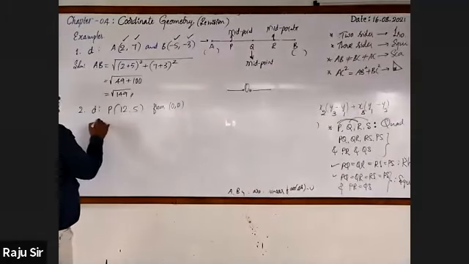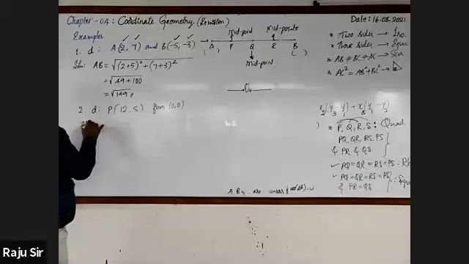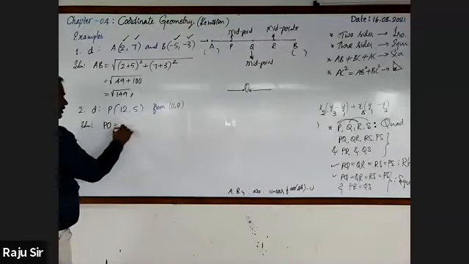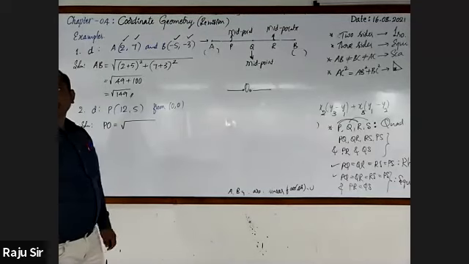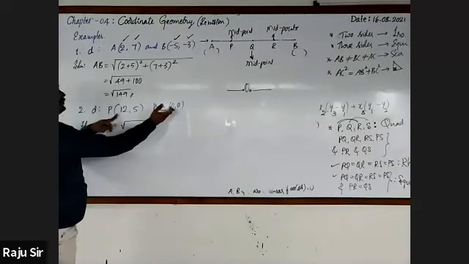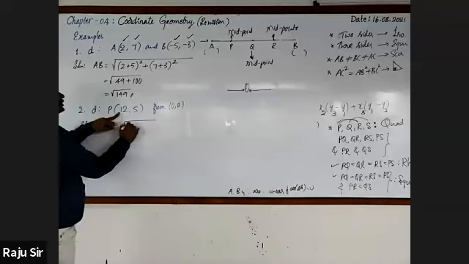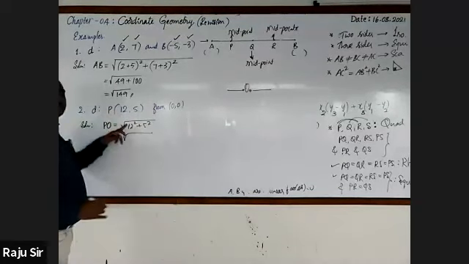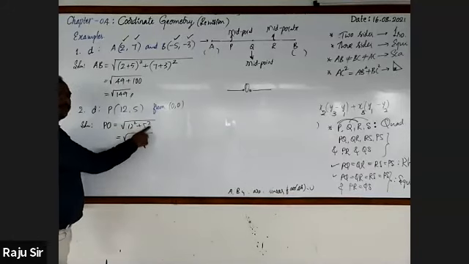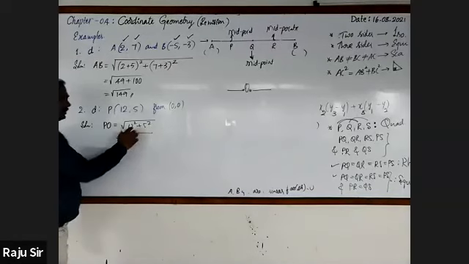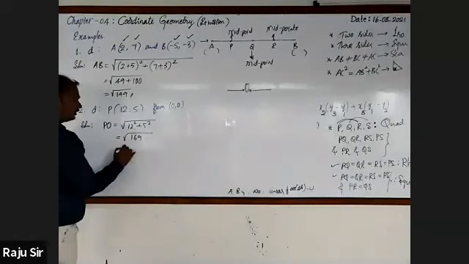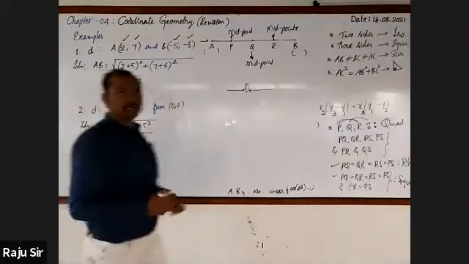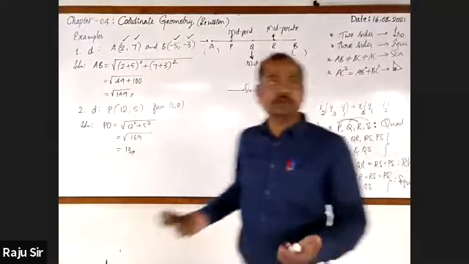From the origin means you are going to use the formula: square root of x square plus y square. From the origin, it is 12 square plus 5 square. 12 square is 144. 5 square is 25. It will be 169. Square root of 169 is 13. Distance will be 13 units.